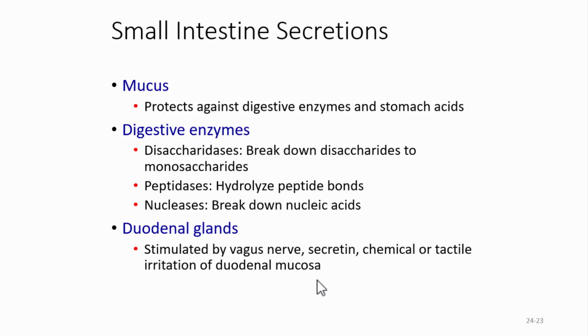And then duodenal glands, it's stimulated by the vagus nerve. The vagus nerve has a parasympathetic action to it. And so it's also stimulated by secretin, also by chemical or tactile irritation of the duodenal mucosa.